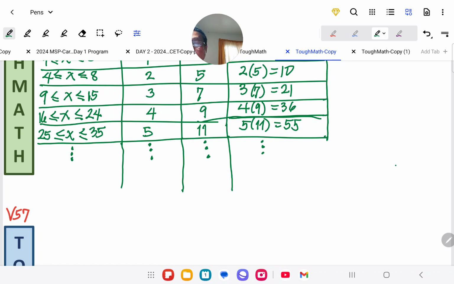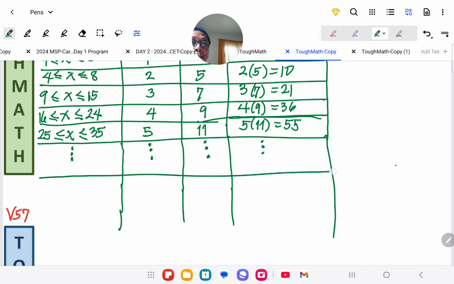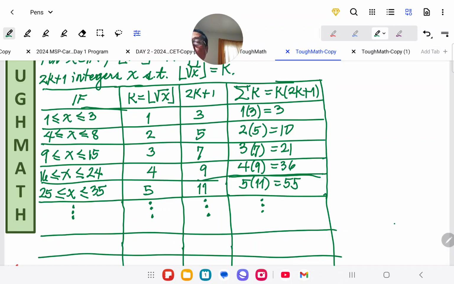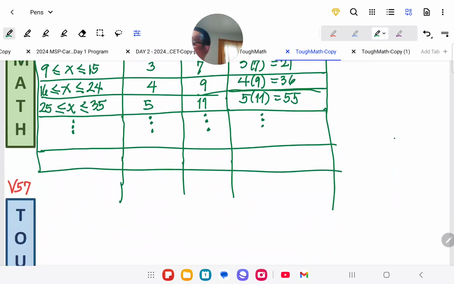And if we continue, then we have 43 squared less than or equal to x less than or equal to 44 squared minus 1, whatever that is.